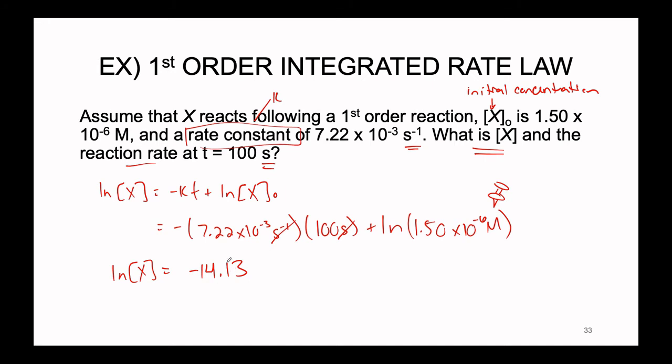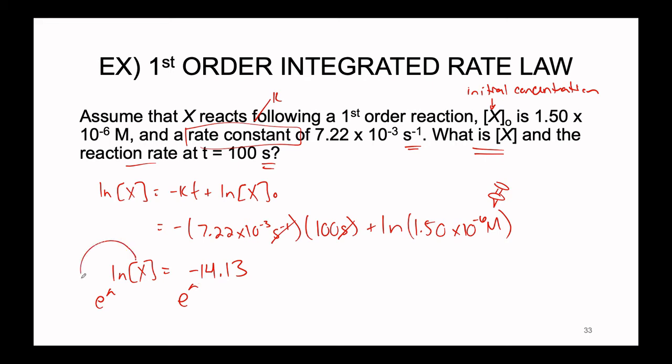And it's very tempting, if you're just mindlessly crunching numbers, to say, okay, well, my final concentration is negative 14.13. But that doesn't make any sense. You can't have negative concentrations. So what we have to recognize is that the left-hand side of this equation is natural log of x, and if we're asked to find the concentration of x explicitly, we're going to have to take both sides of this equation and raise it up into the exponent of e.